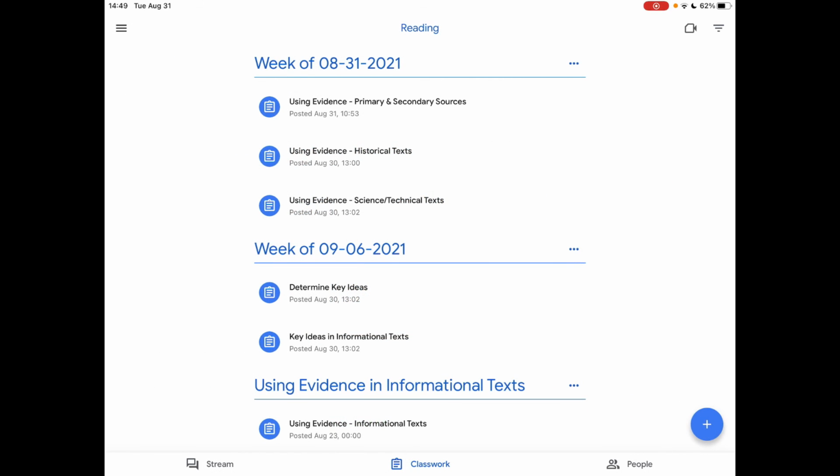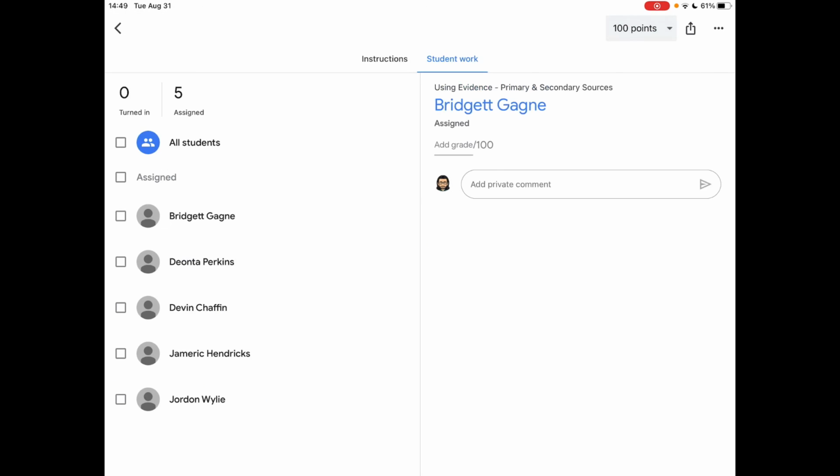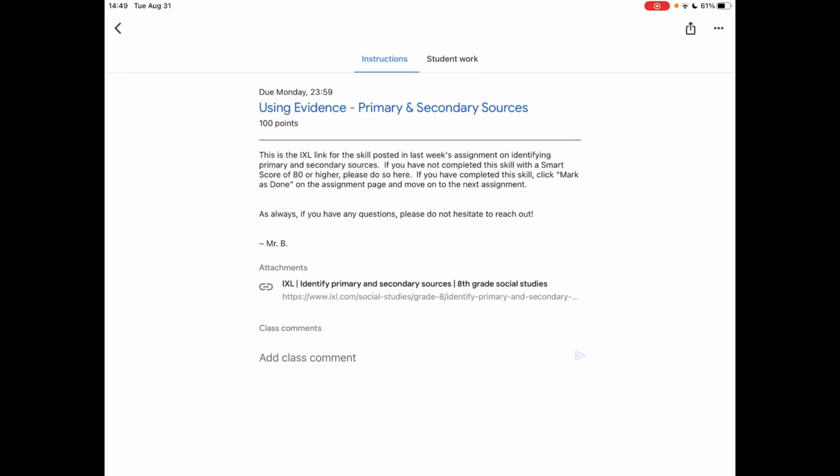For this week, you are going to be focusing specifically on 3 different assignments. First, using evidence, primary and secondary sources. This is one specific IXL skill. And if you have not already completed this with a score of 80 or higher, please go ahead and do that skill.